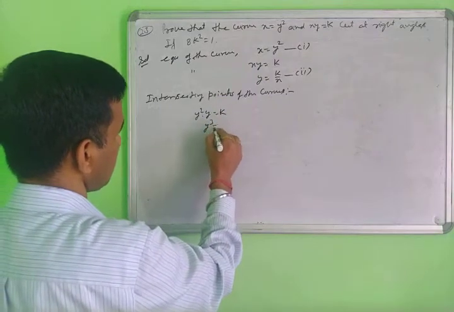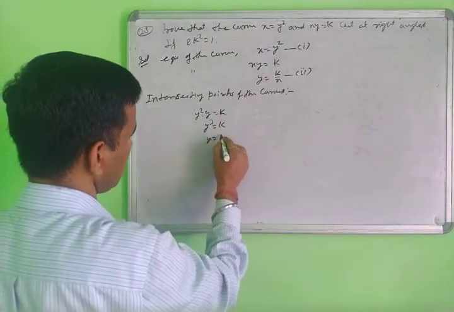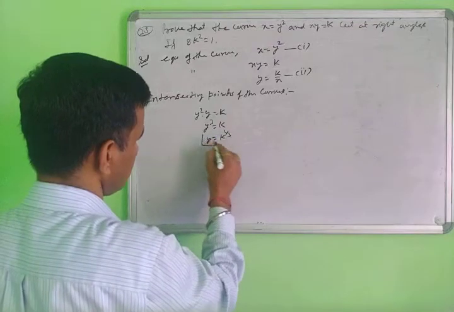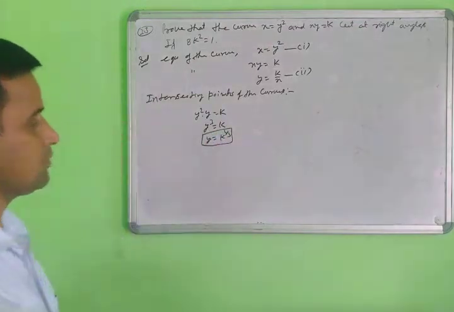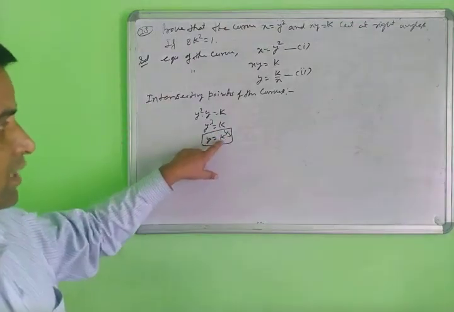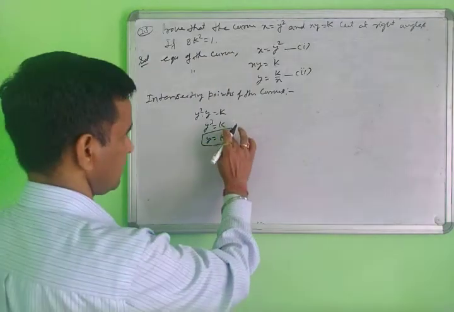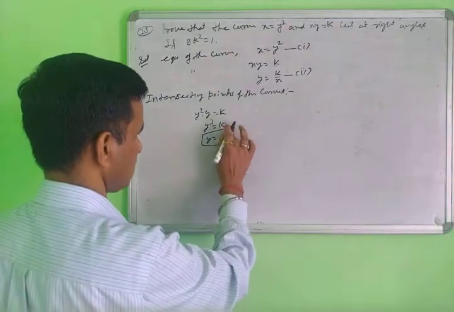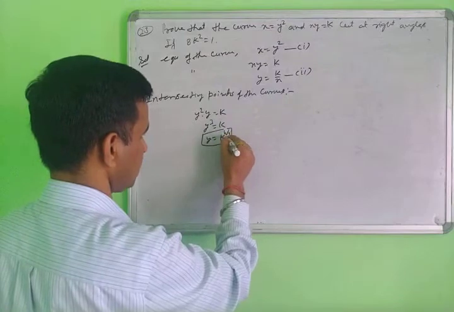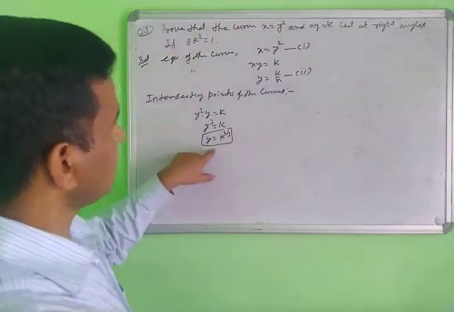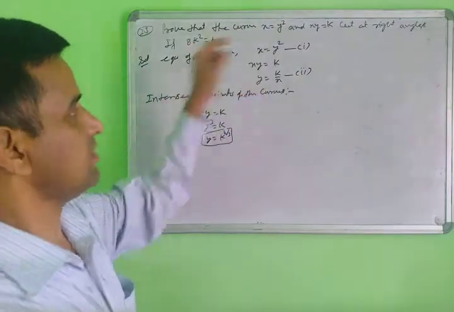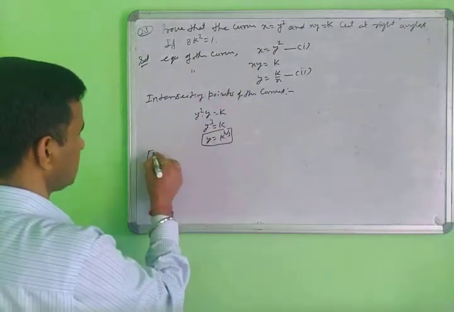So y cube equals k, y equals k to the power 1 by 3. This is the value of y.